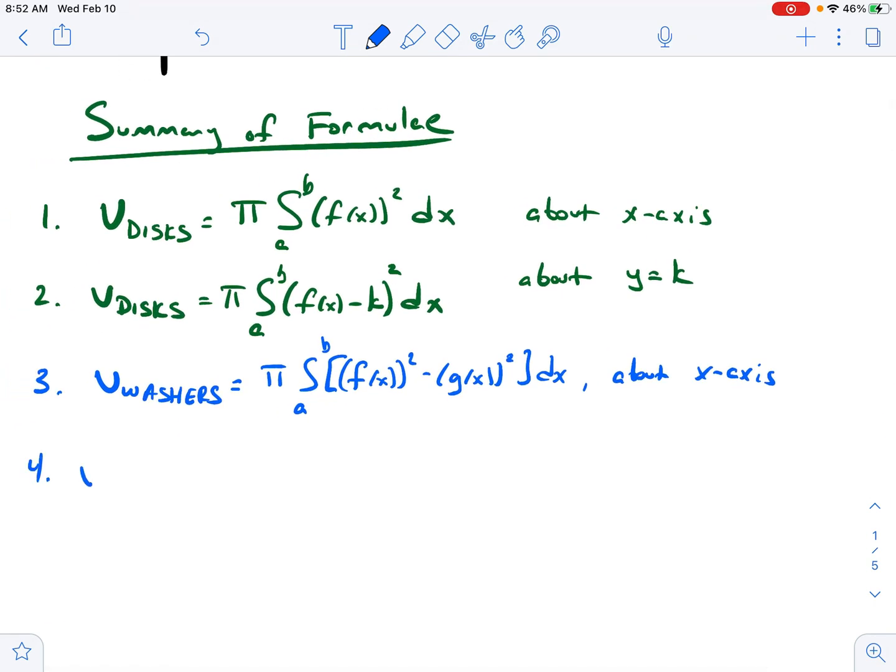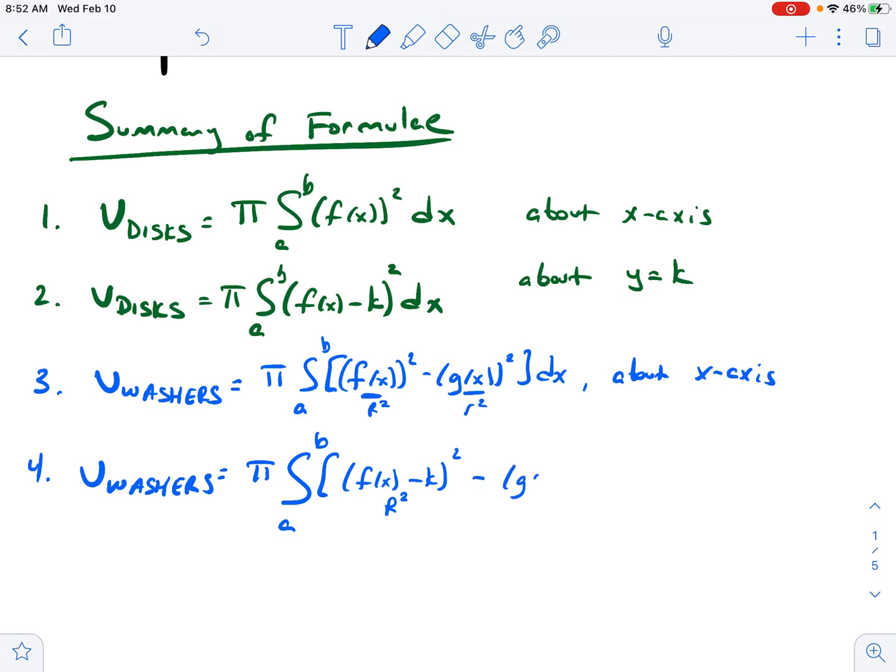And again, if we rotate about an arbitrary line, y equals k, we adjust for that in our radii. So here it's f of x minus k, quantity squared, that represents the larger radius, minus g of x minus k quantity squared, that represents the smaller radius.